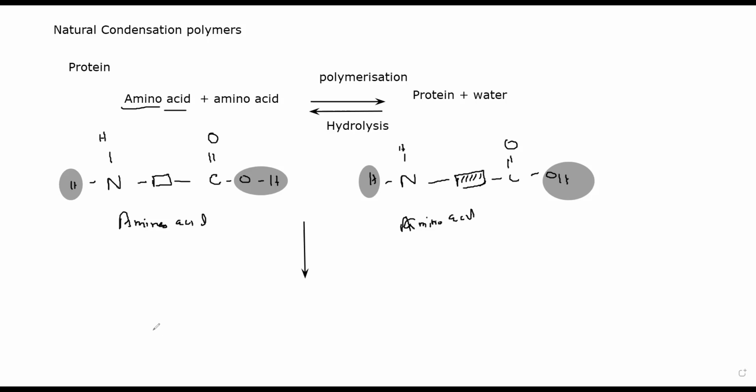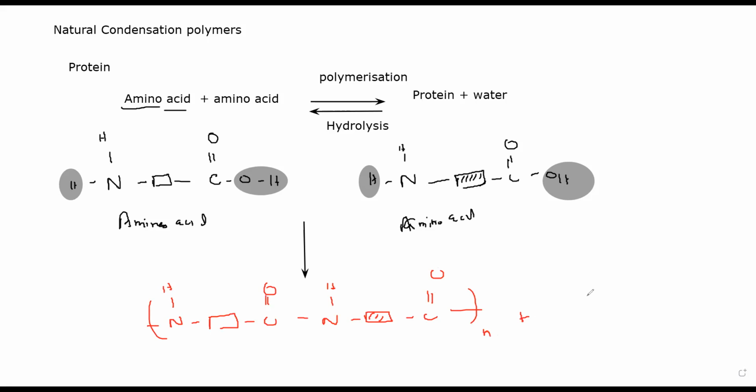So there will be N, H, then this box, then C double bonded with O, N, H, then there is a box, C double bonded with O, and put n. And how many water molecules?